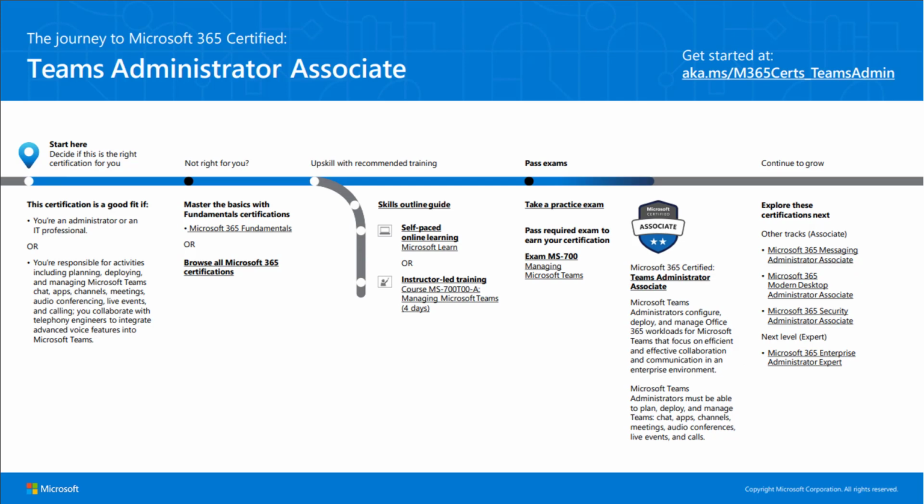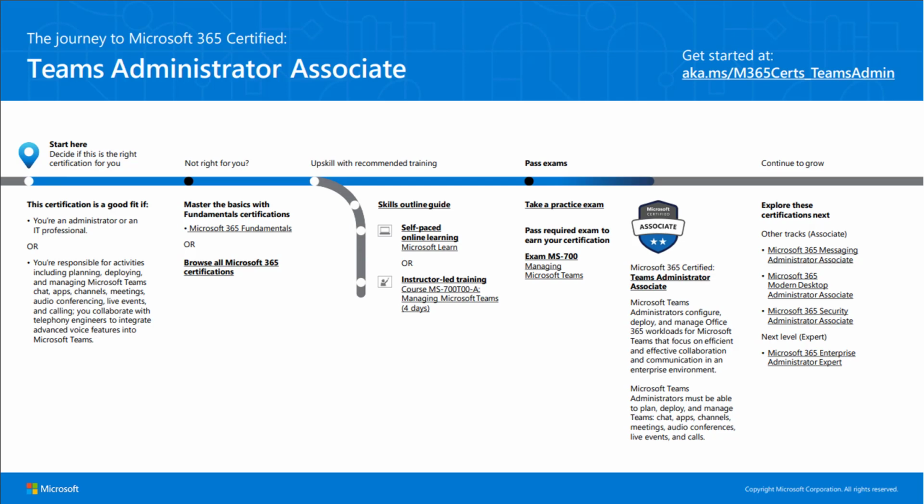By going through the journey of the Teams administrator, within this journey here, we're going to understand where we should start. As we know, this certification is a good fit if you are an administrator or an IT professional whose responsibilities include different activities, for example planning and configuring the Microsoft Teams environment, managing chat and calling and meetings, and managing Teams applications and policy.